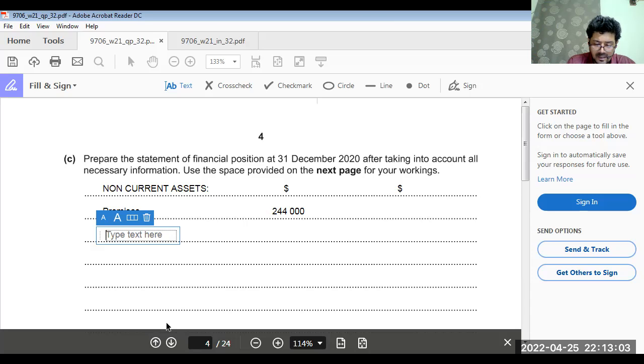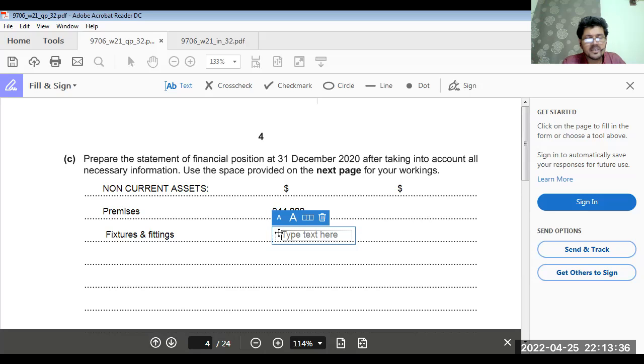This is 22,080. Fixtures and fittings. How much? 22,080.